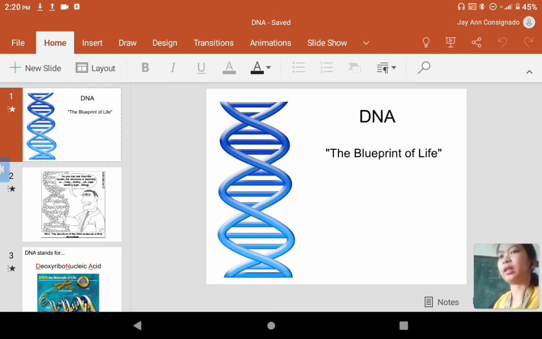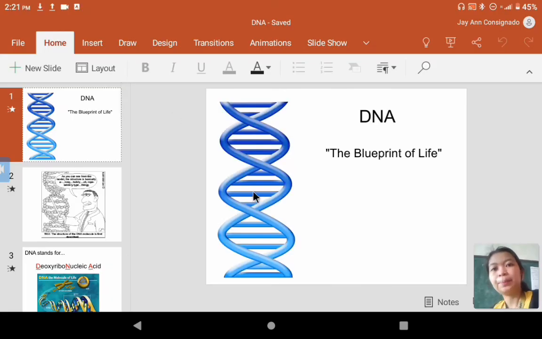So, yung apat lang na yon. So, Mortil, Montejo, and Gonzalez will search and present about the gene mutation and defects, sickle cell anemia, diabetes, Huntington's disease, and Klinefelter syndrome.